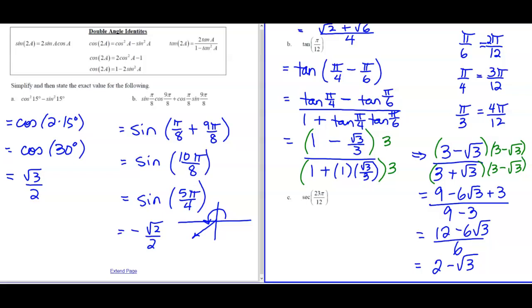So how about 20 pi over 12 plus 3 pi over 12? Right, that would be 23 pi over 12. So 20 pi over 12 would be 5 pi over 3.